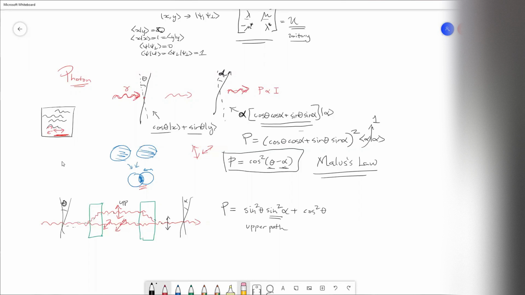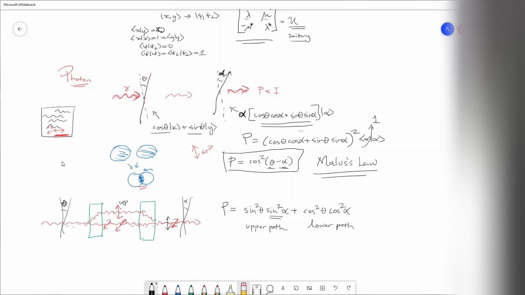And then if you go along this bottom path, you keep going and you hit the second polarizer with an x polarization, then the probability that you sneak out must be cosine squared alpha. And so this is for the lower path.